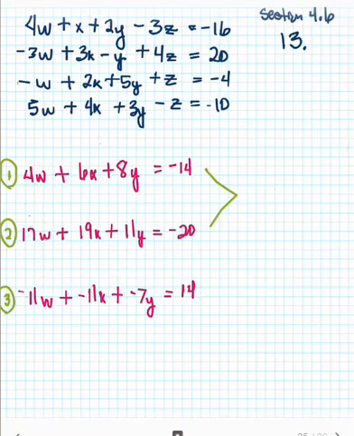So I'm going to combine equation 1 and 2, but first of all, I'm going to take 11 times equation 1, and I'm going to add that to negative 8 times equation 2. Do you see? 11 times equation 1, and I'm going to add that to negative 8 times equation number 2. That's what I'm going to do to combine these two.